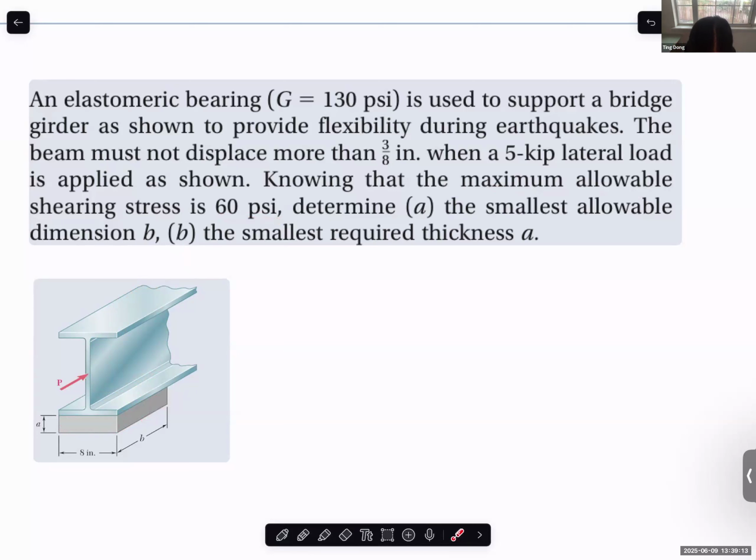And the displacement of the beam should not exceed the allowable displacement. And force applied is this one. So asking about the smallest dimension B and the smallest required thickness A. Of course, the two thresholds to calculate these two dimensions: one is the deformation, one is the allowable shear stress.